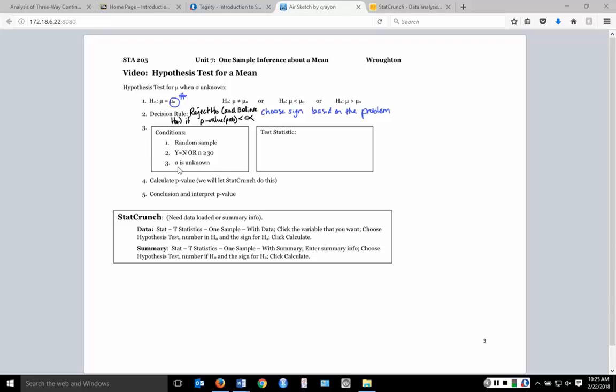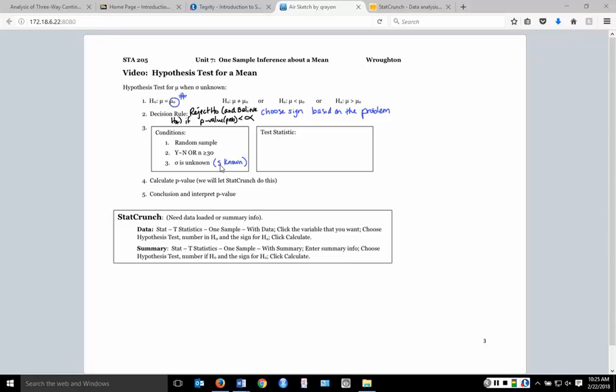This third condition is something I've added in here really to help us with why things are different inside this set of notes. Our population standard deviation will be unknown, but just as a little reminder to ourselves, especially when we're doing a problem, the sample standard deviation, s, will actually be known. So we will still have a standard deviation.